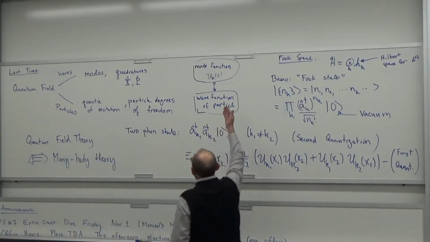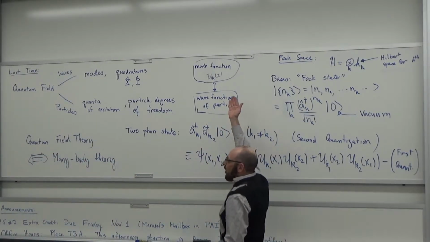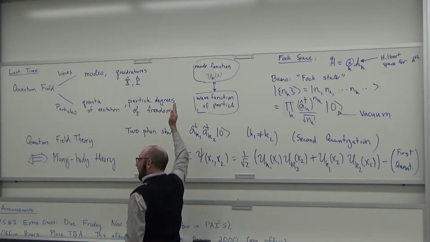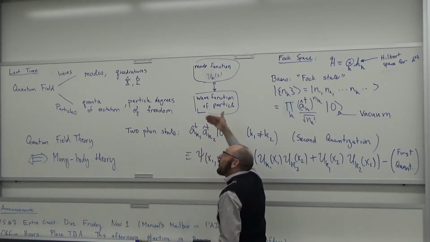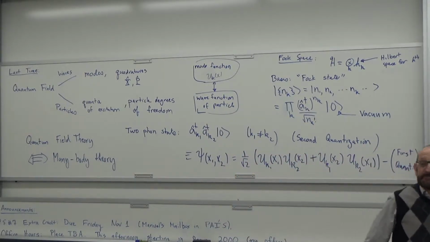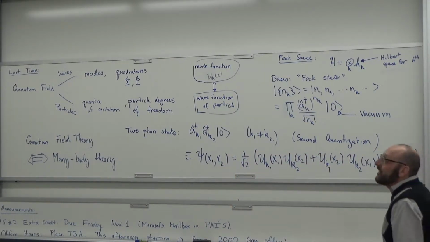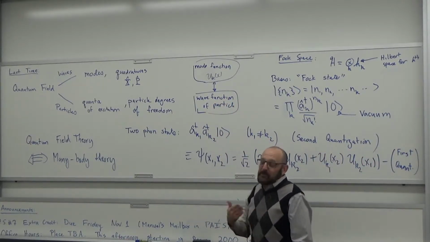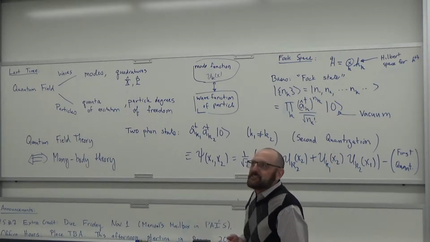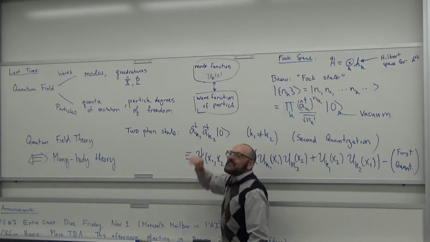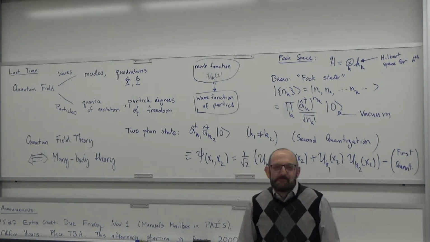We can think about the mode functions that we use to discretize our field theory as the wave functions of the particles. So if we were to create a particle in a single normal mode, we would say that the wave function associated with that phonon is that energy eigenstate, and that's its wave function.